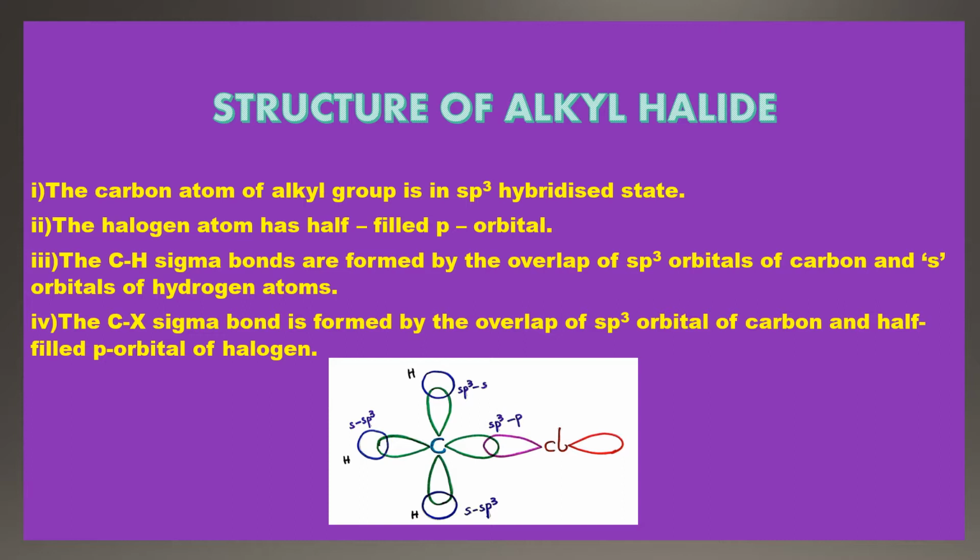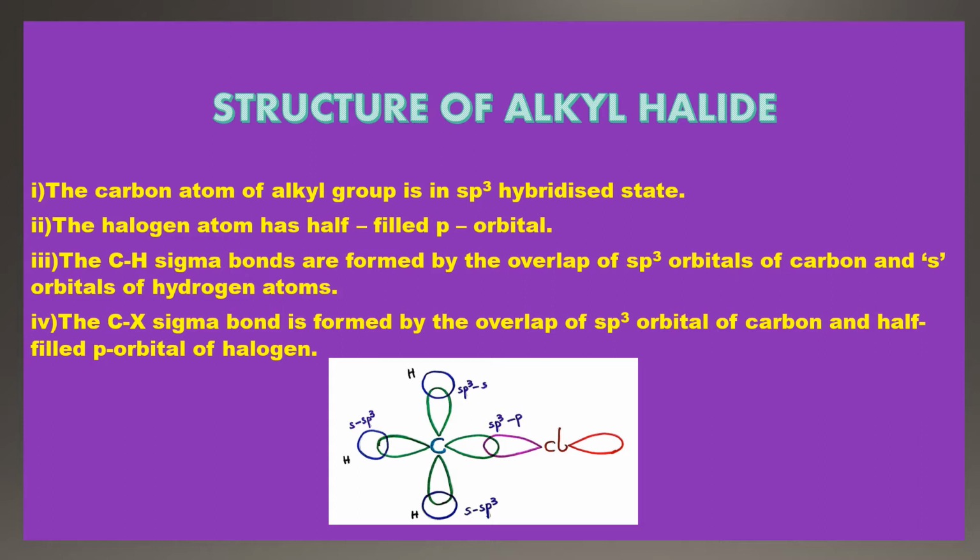Okay, first let us see about the structure of alkyl halides. So what is the structure of alkyl halide? So you know the carbon atom of the alkyl group is in sp3 hybridized state. Okay, look here at the diagram, students.